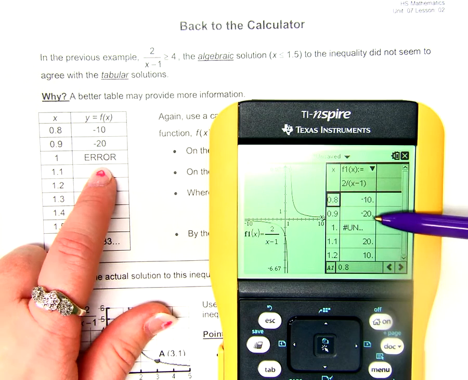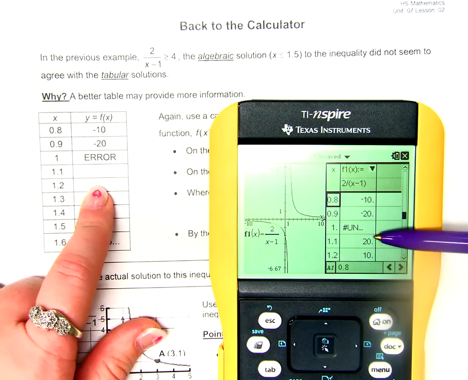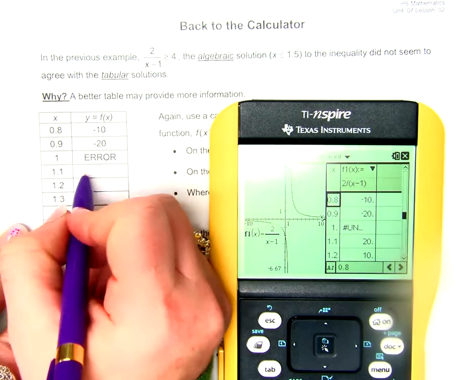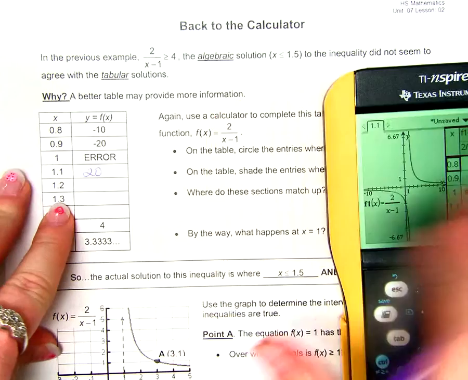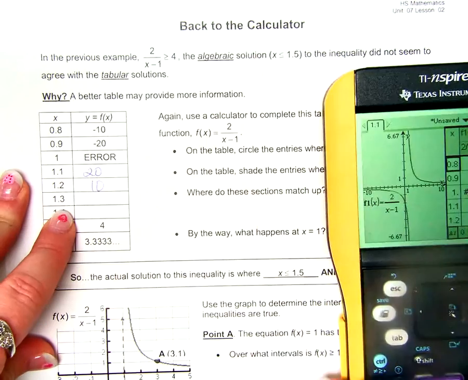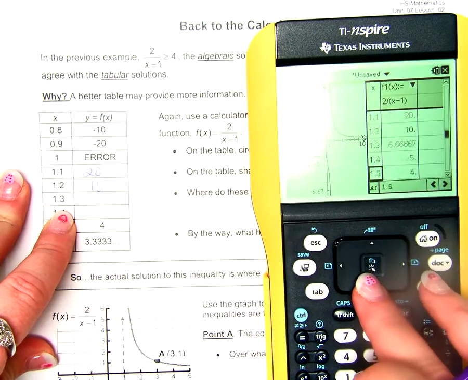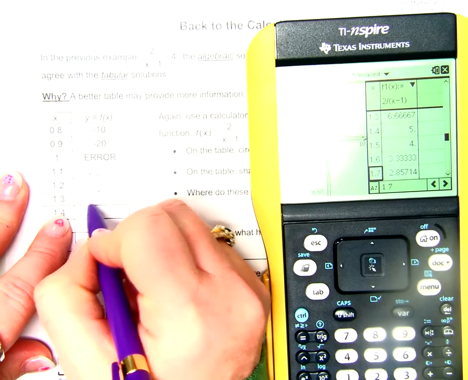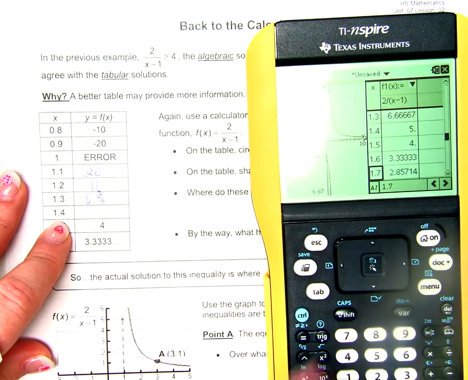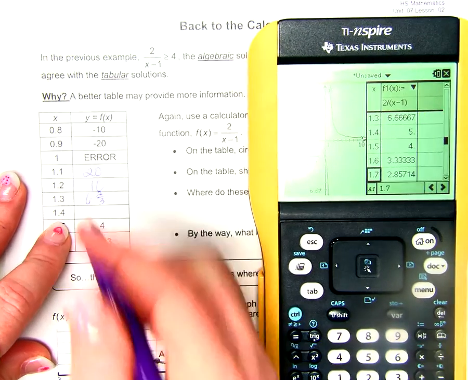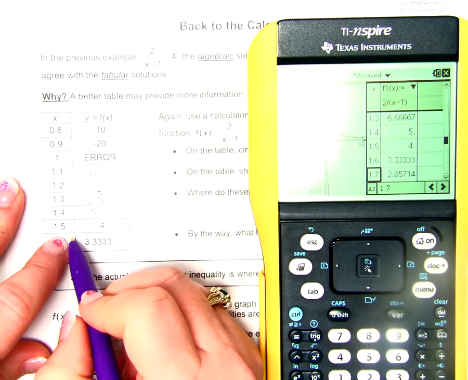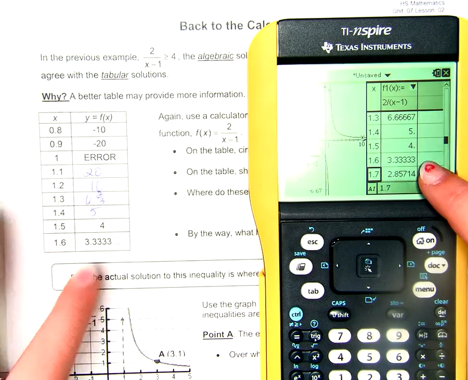That is -20. That is an error or undefined. What is 1.1? 20, and 1.2, 10. So 6 2/3. 1.4 is 5, and 1.5 is 4 1/3.